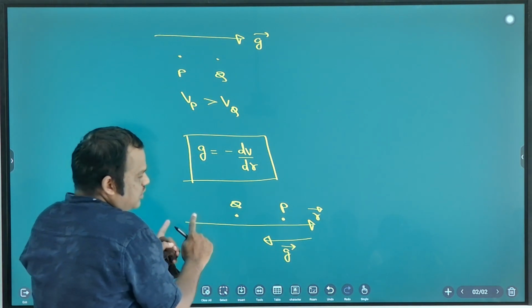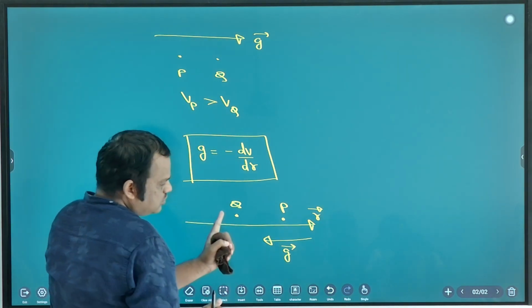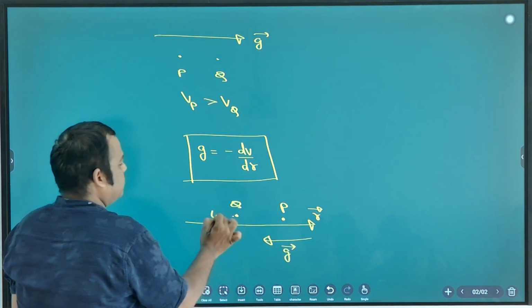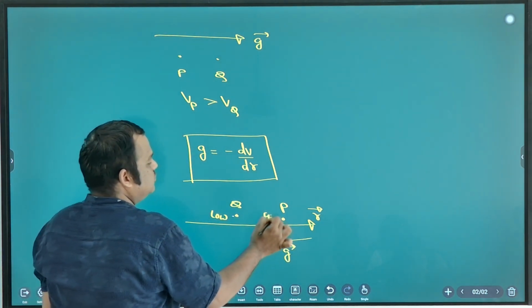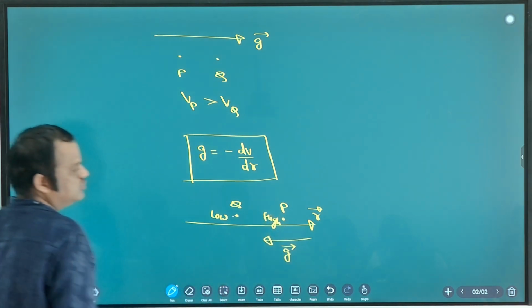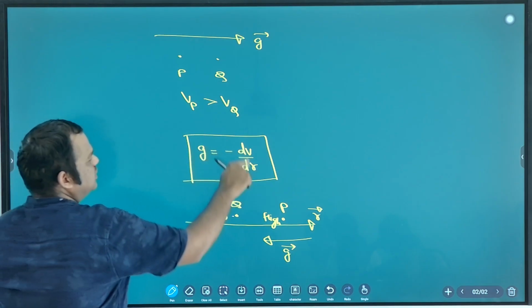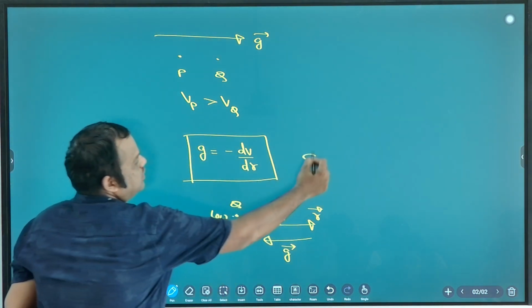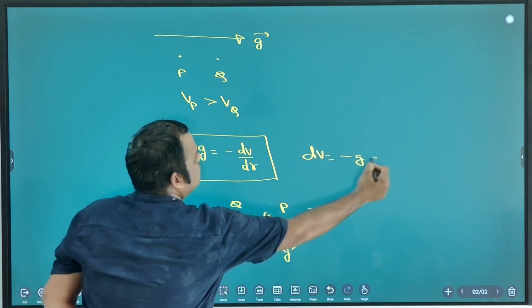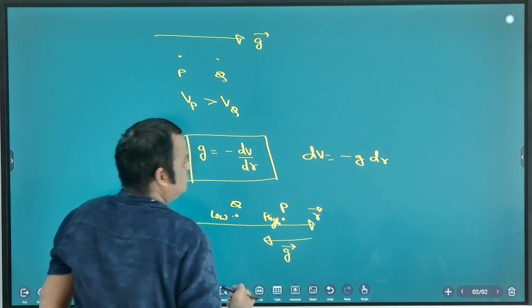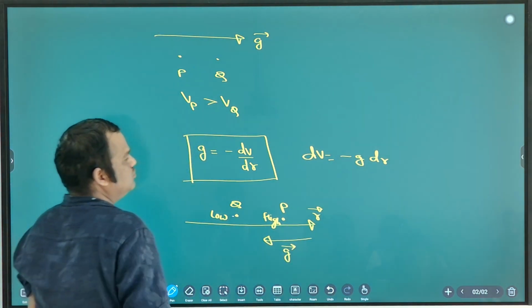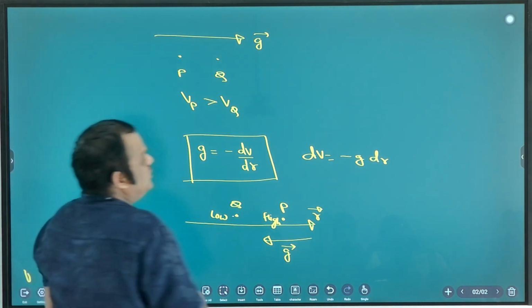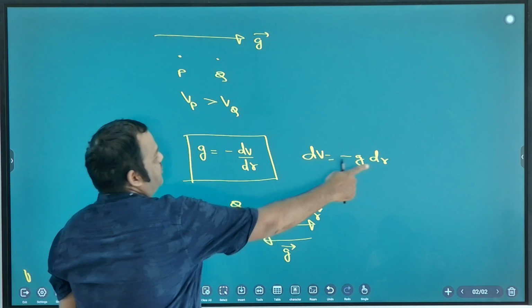I am going from low potential to high potential. So you can remember this: dV is equal to minus G into dr. This is the formula. For the derivation, we will use this formula.